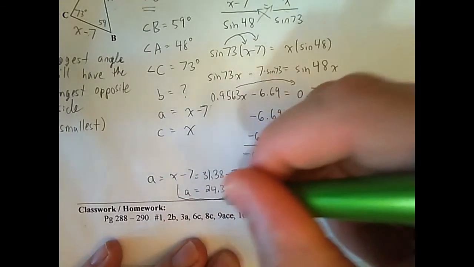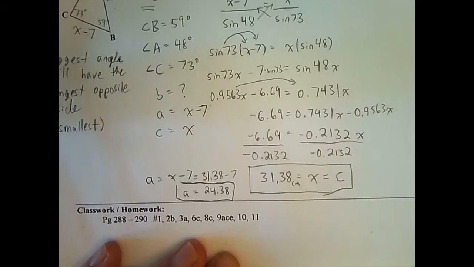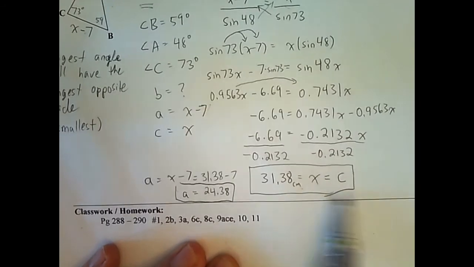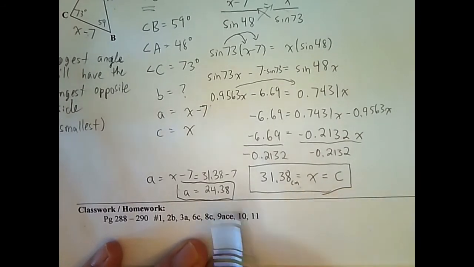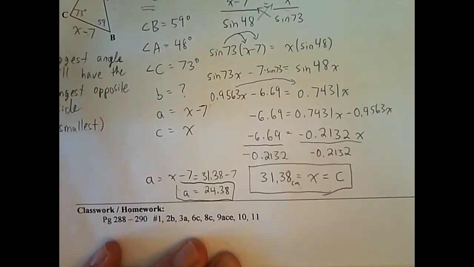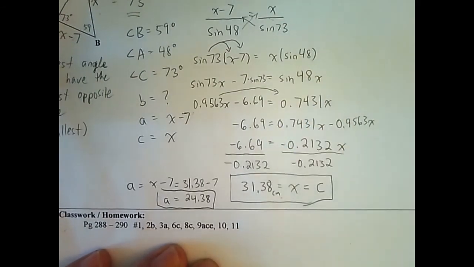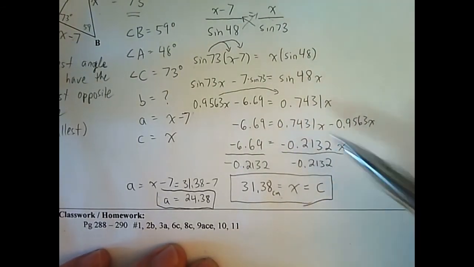So I have two of the three side lengths now. I have 31.38 for side C, which we said was x, and I have side A, which is 24.38. So yeah, a lot of algebra, a lot of math going on. So hopefully you remember our distributive property, isolating variables, and getting rid of fractions by multiplying by our denominators.